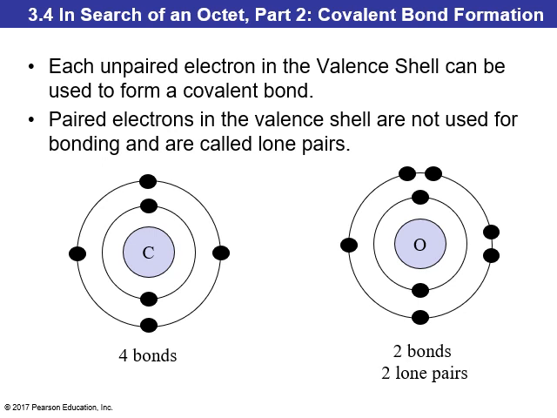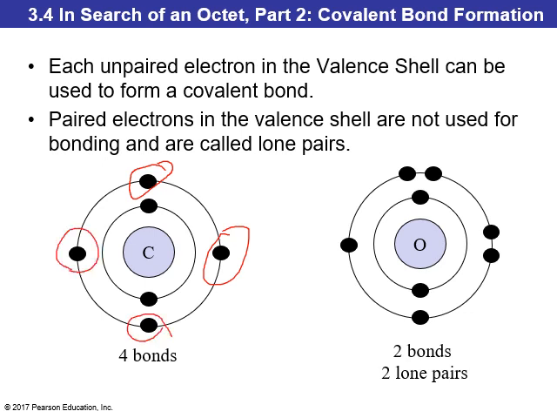If we take a look at the outer valence shell of an atom, we can determine how many covalent bonds that atom can form. So for example, carbon has 4 electrons in its outer valence shell. In order to get its octet, carbon would have to make 1, 2, 3, 4 bonds.